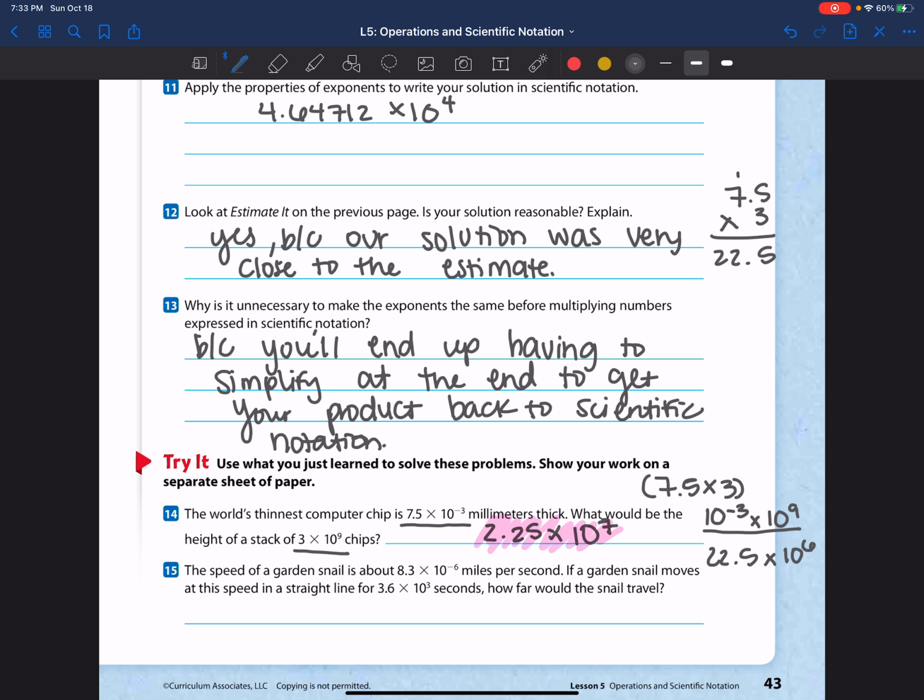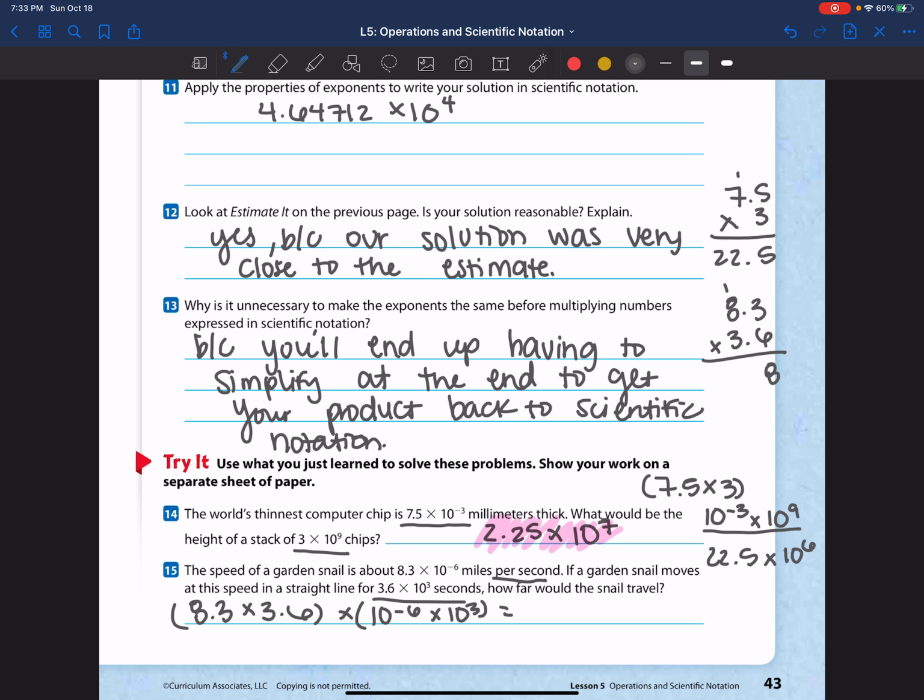So this is the amount per second, and this is the number of seconds. So you're literally just multiplying still. So 8.3 times 3.6 times 10 to the negative 6 times 10 to the 3rd. So you go ahead and multiply. So you have 8.3 times 3.6.